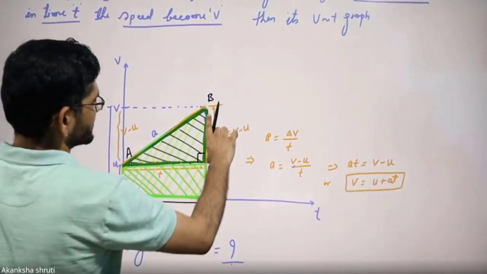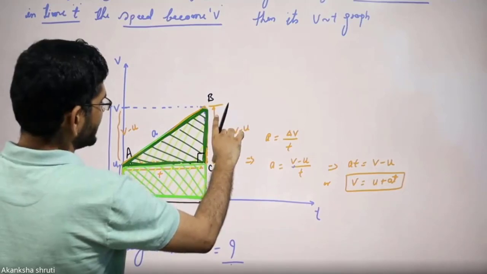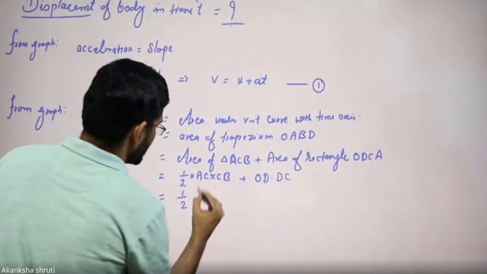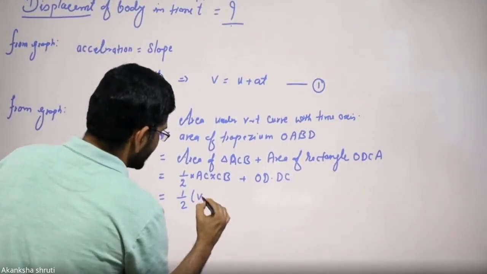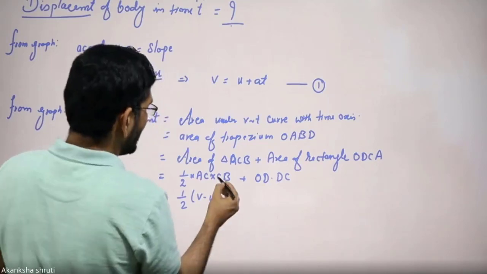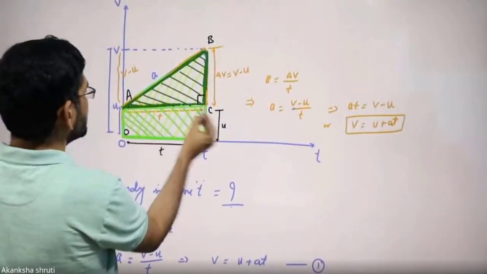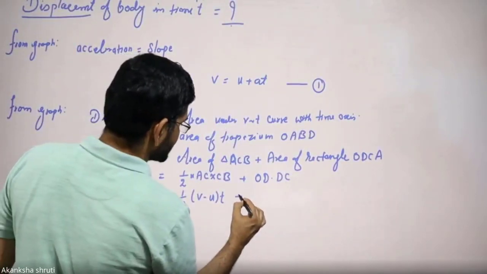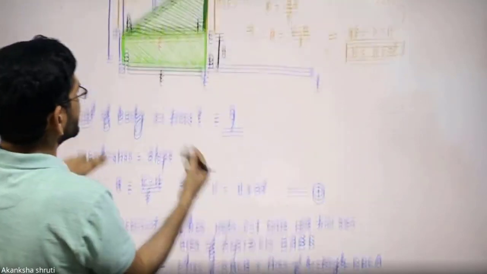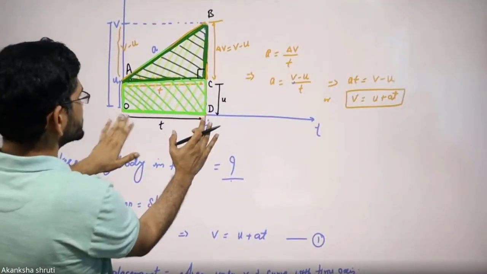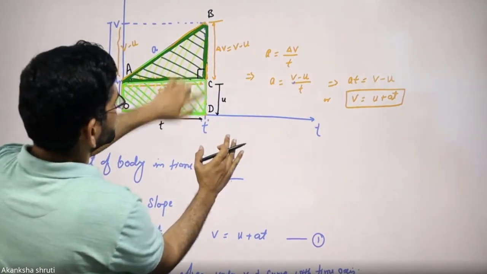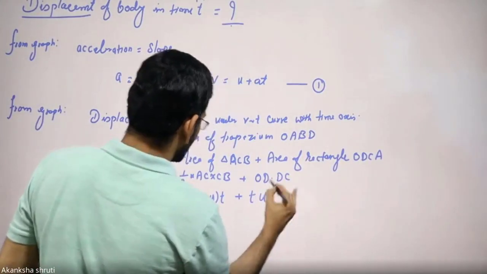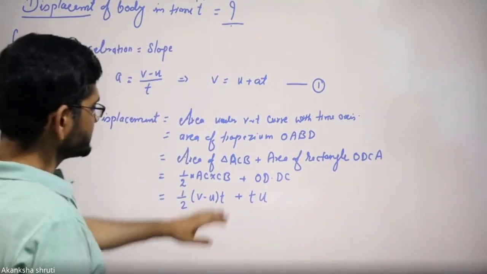Keep in mind, students, our AC is delta V, like V minus U. So AC is nothing but V minus U, and CB is nothing but our time T, plus coming to the next, OD is T and DC is our U. Okay, students, this way we have obtained this.